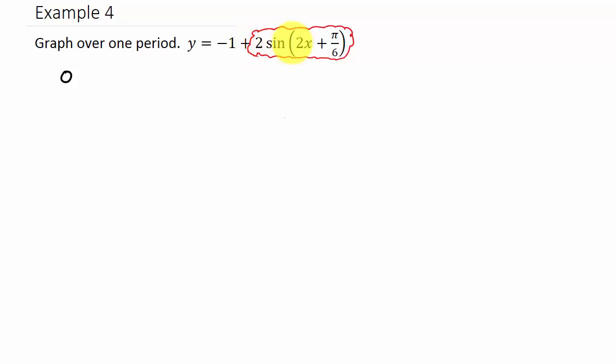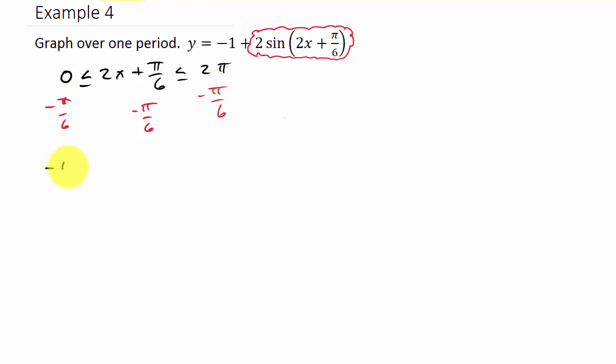That's all we're going to care about right now. Alright, so remember, what I'm taking the sine of, I'm going to put between 0 and 2 pi. Alright. And then we just solve for x. So I'll subtract pi over 6.